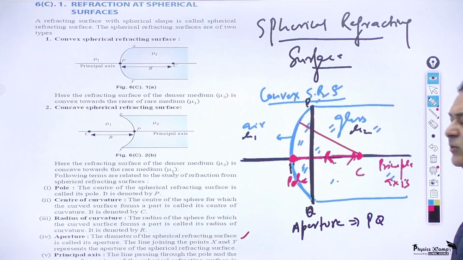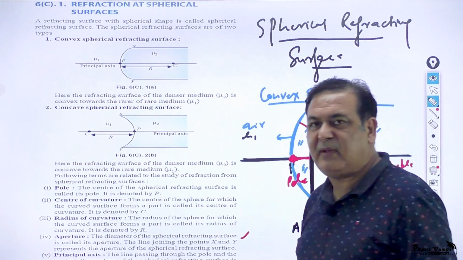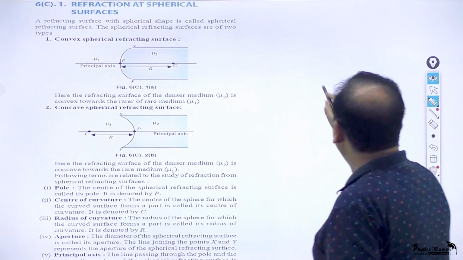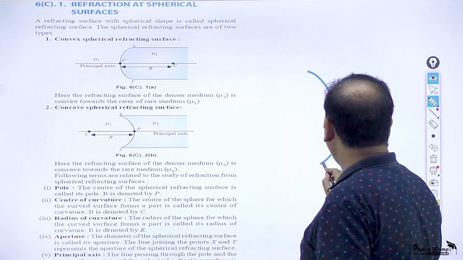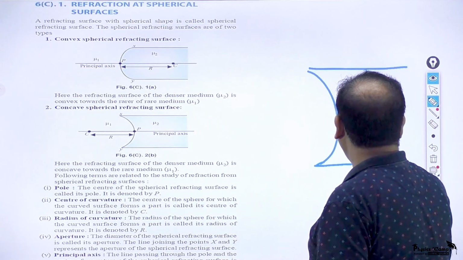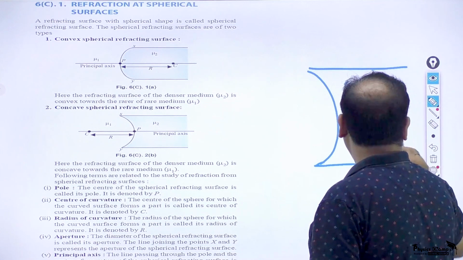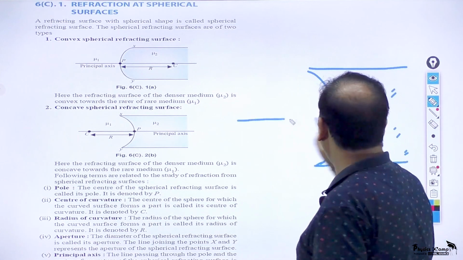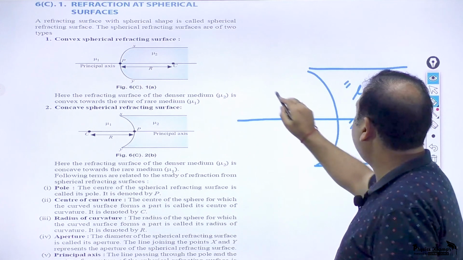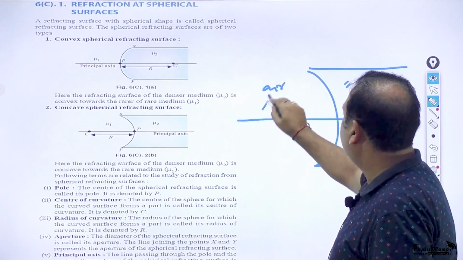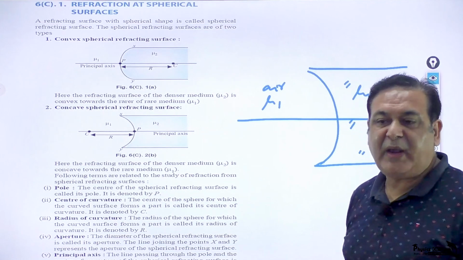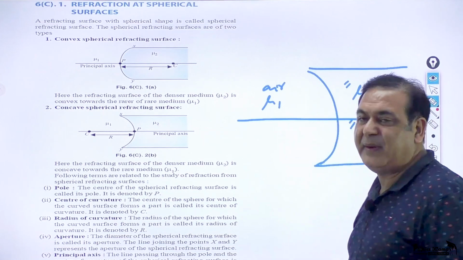Similarly, we can also talk about a concave refracting surface. So let's draw a concave refracting surface here. The other terms will be the same. Just the difference is that this time the denser medium will be concave towards the rare medium.